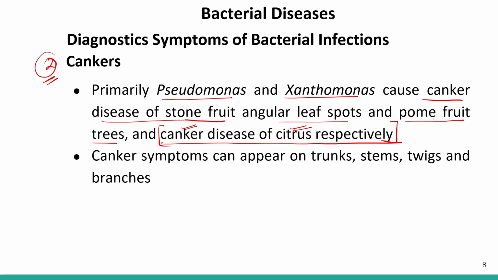But it can also be seen in the canker disease of some stone fruits, angular leaf spots, and palm fruit trees. The canker symptoms can appear on the trunk, stem, twigs, and branches. Not only this, it can be seen on fruits also. We will see this in the coming slides. So these are the two genera that cause canker disease.